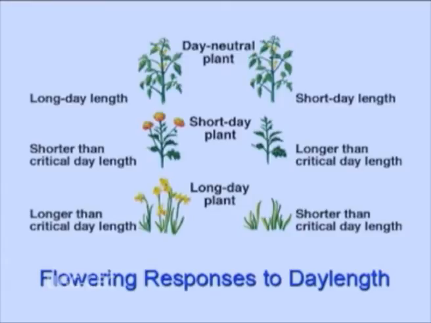The short day plants can flower only when the light period is shorter than a critical length of daylight. The long day plants are those which require longer than a critical length of daylight. The day neutral plants are insensitive to daylight and can flower in either condition.